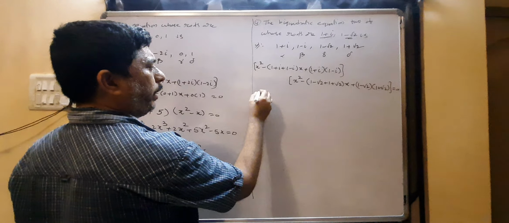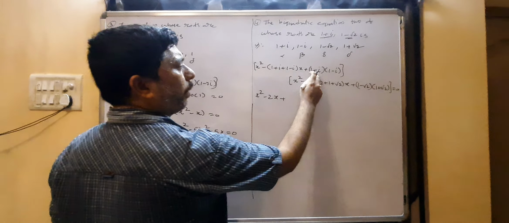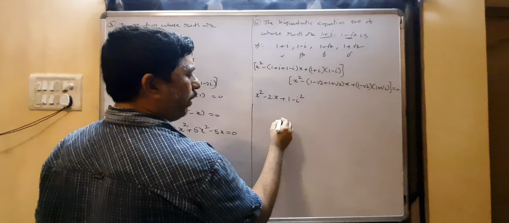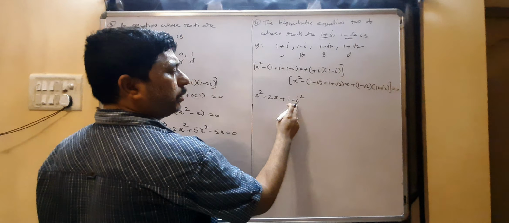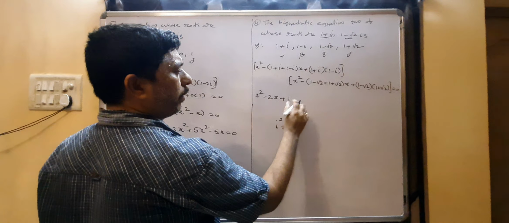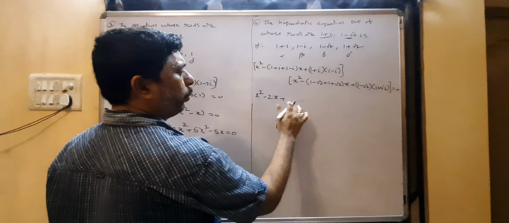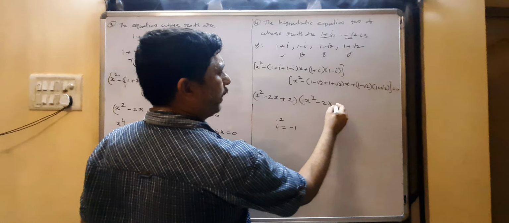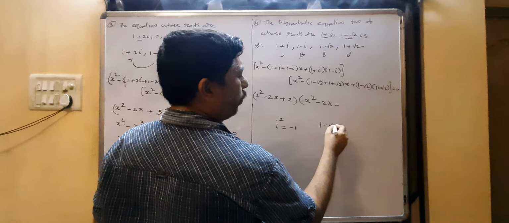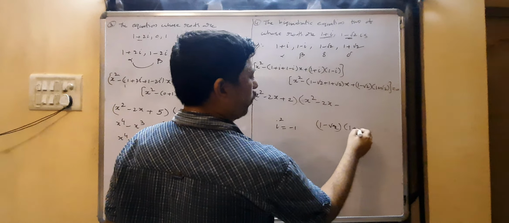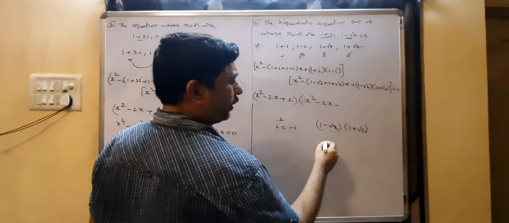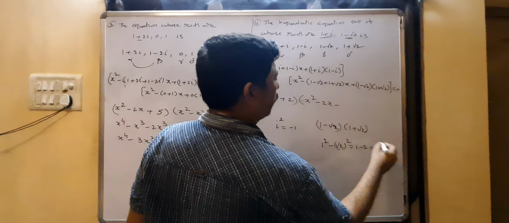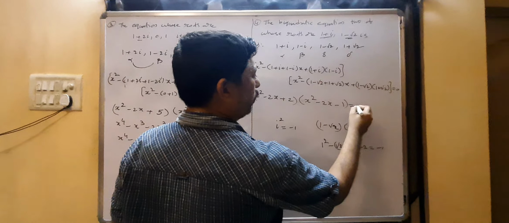So this is x square minus 2x plus (1 plus i)(1 minus i), 1 minus i square. i square value is minus 1, so this becomes plus 1, 1 plus 1 we get 2, into x square minus 2x plus (1 minus root 2)(1 plus root 2). a minus b into a plus b is a square minus b square, root 2 whole square is 2, 1 minus 2, that is minus 1, equal to 0.